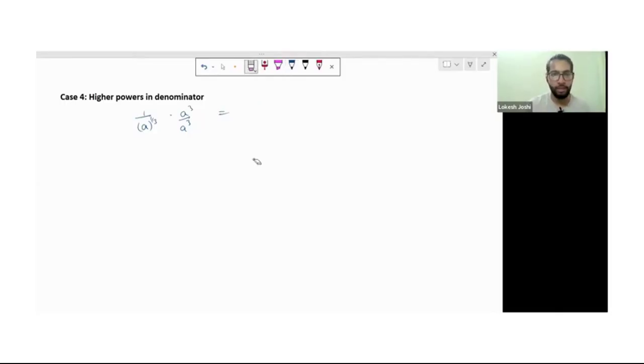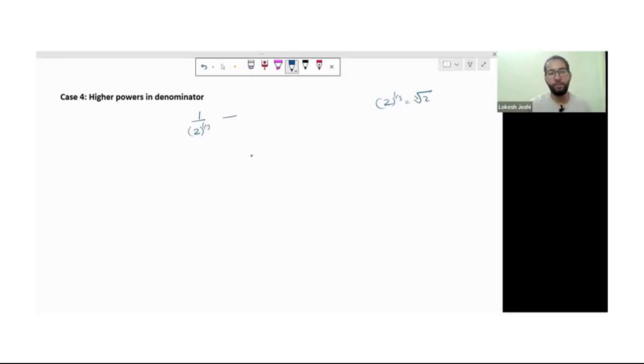Okay, so let me take an example to make this clearer. Suppose I have 1 divided by 2 to the power 1 by 3. 2 to the power 1 by 3 is equal to the cube root of 2.